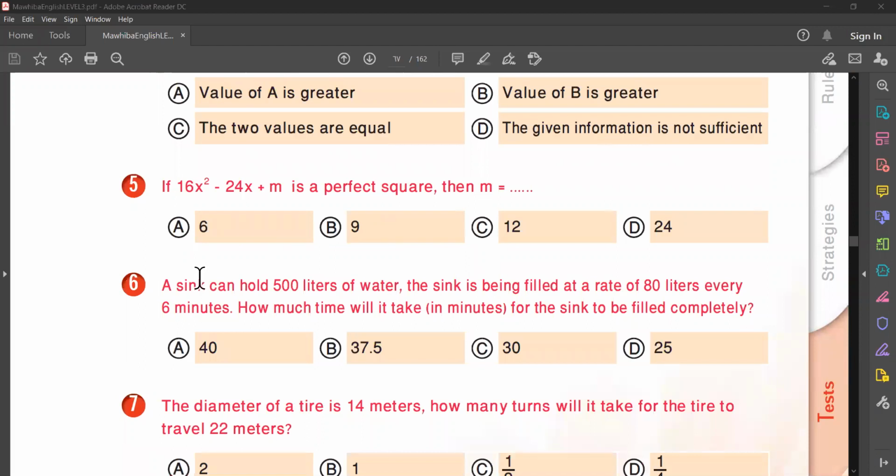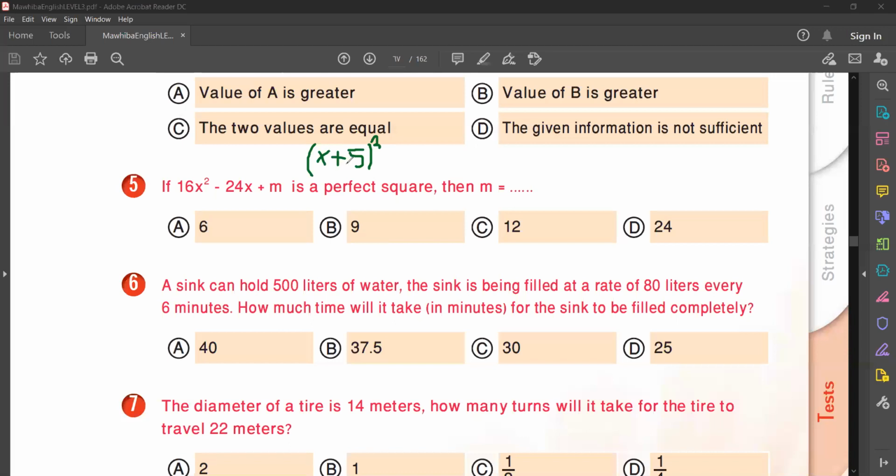If 16x squared minus 24x plus m is a perfect square, then what is m? How do I know a perfect square? When I have x plus 5 to the power 2 like this, it is a perfect square. You have a relation.